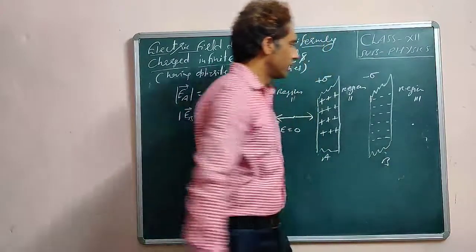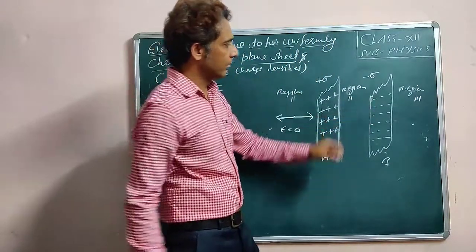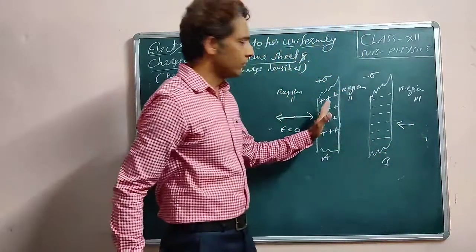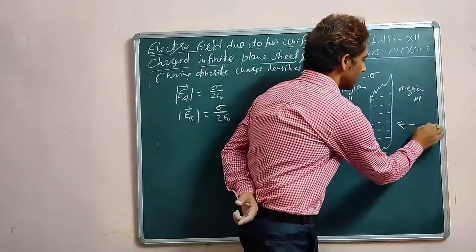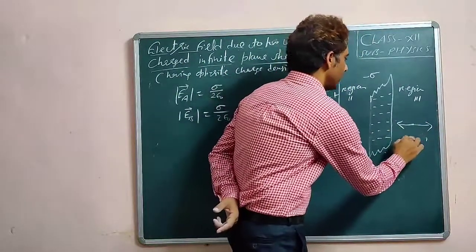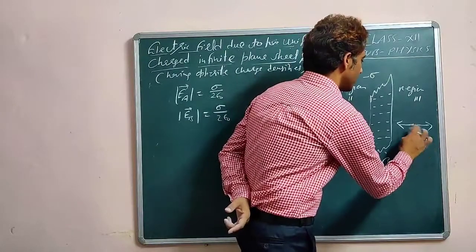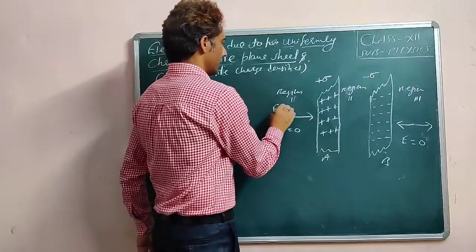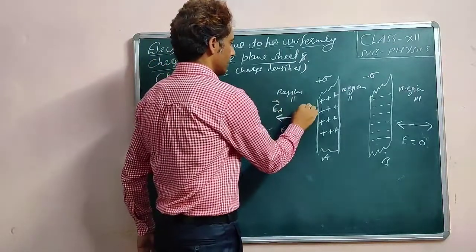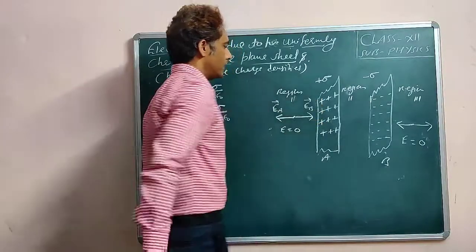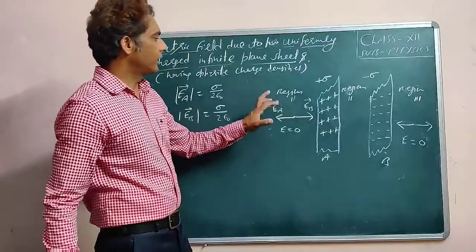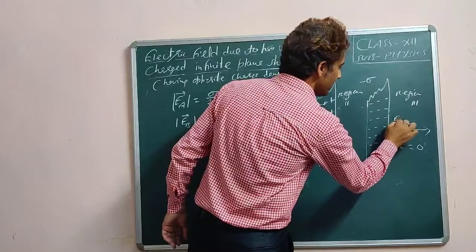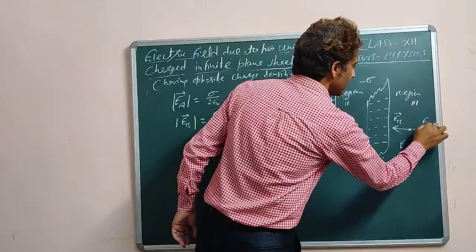If I consider a point on the other side, the electric field due to the negatively charged sheet is toward left, and due to the positively charged sheet it is toward right. So again the net electric field intensity at this point is 0. You can write E A and E B, and E is equal to 0 because the magnitudes of E A and E B are the same.